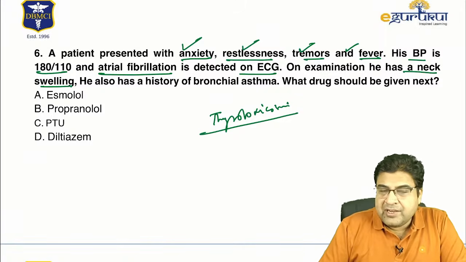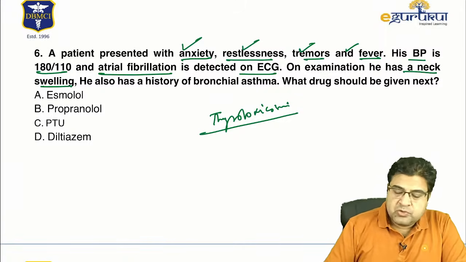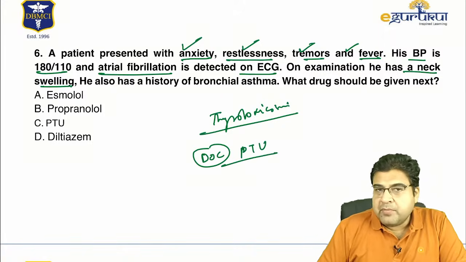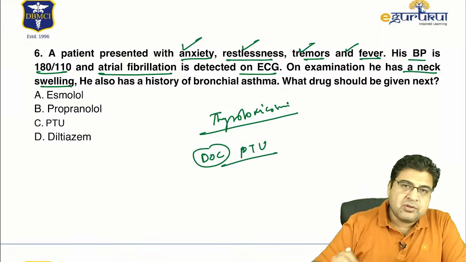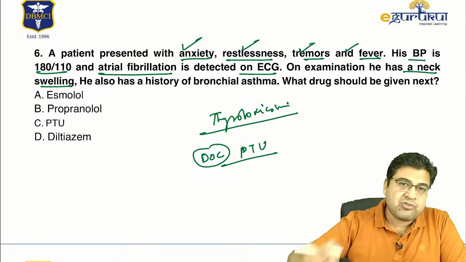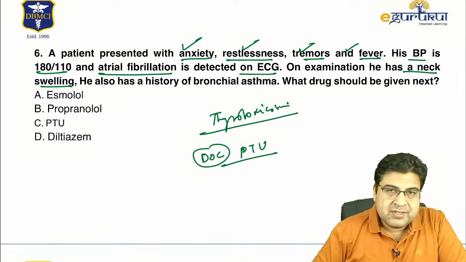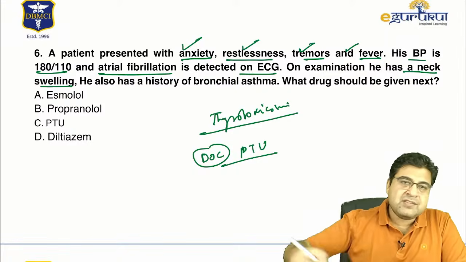Now, which medicine can you give to this patient as the next medicine? We know the drug of choice for thyrotoxicosis is propylthiouracil. But this patient has come to us in thyroid storm; these symptoms say that it's a very acute form of thyrotoxicosis. So here we have to take care of these symptoms also.